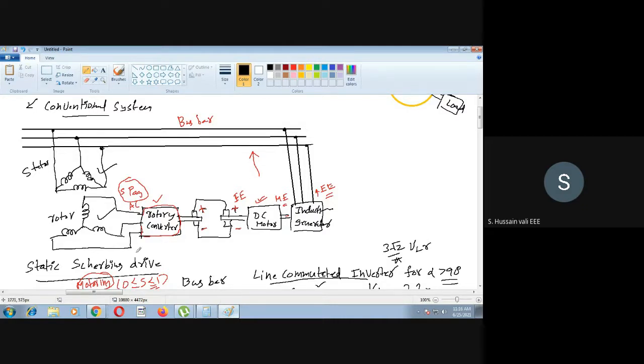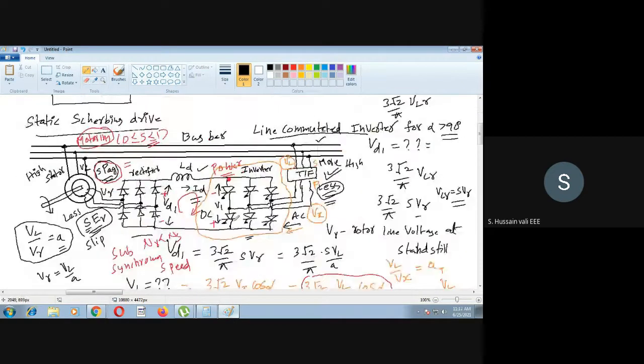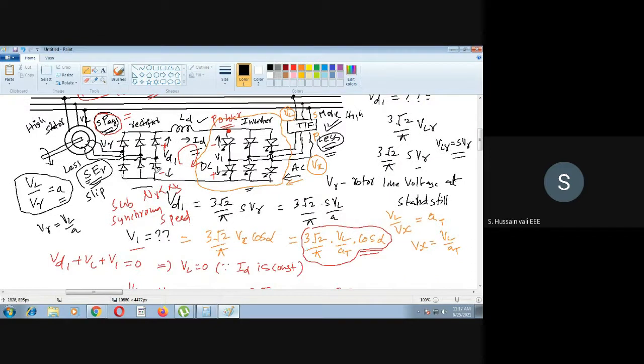Now in the conventional system, you find all these motors and machines, whereas in the static Scherbius drive, you find power electronic converters. Once again, you have two bridges here, diode bridge and thyristor bridge. That case you will use for subsynchronous speed. Whereas if you have both the bridges controlled, then you will use that for super synchronous speed.